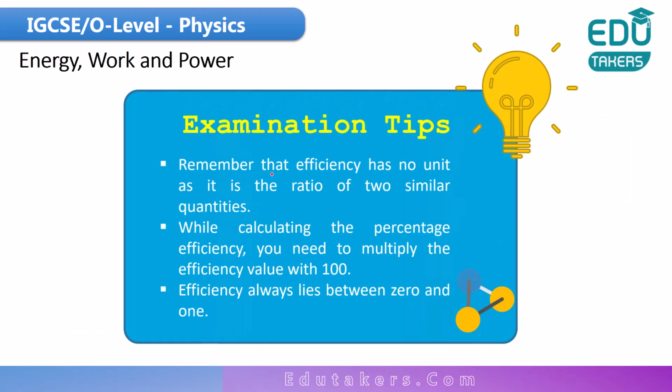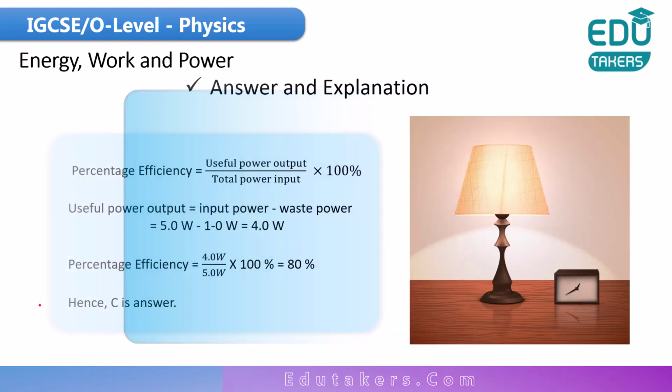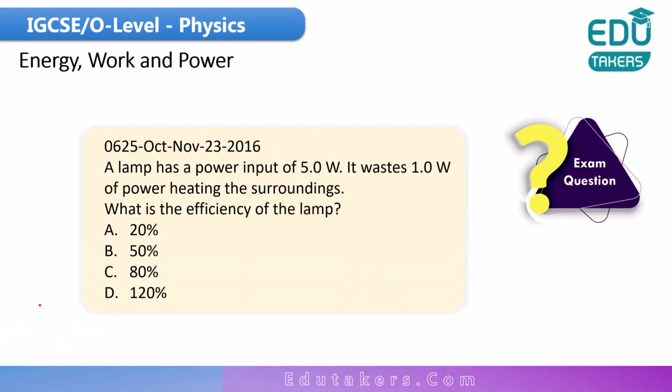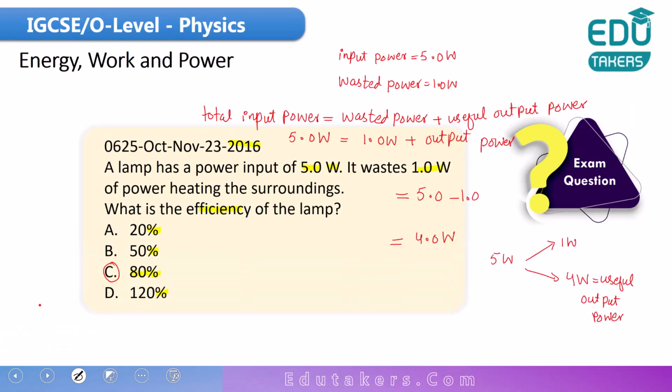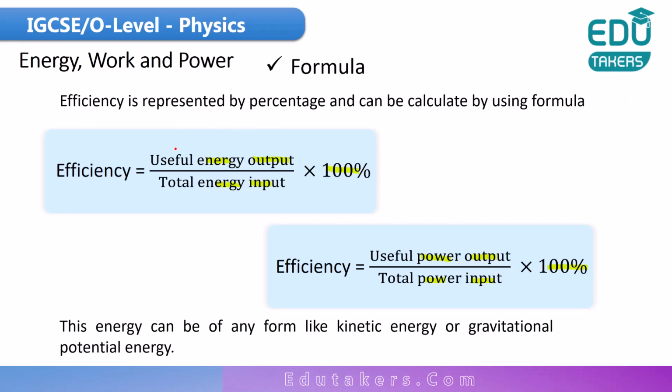Here is an examination tip. Remember that efficiency has no unit as it is the ratio of two similar quantities. First of all, we see the unit of efficiency. Let's go back. See this formula.